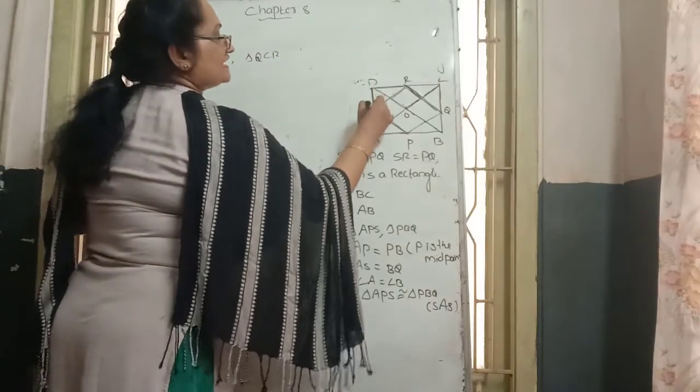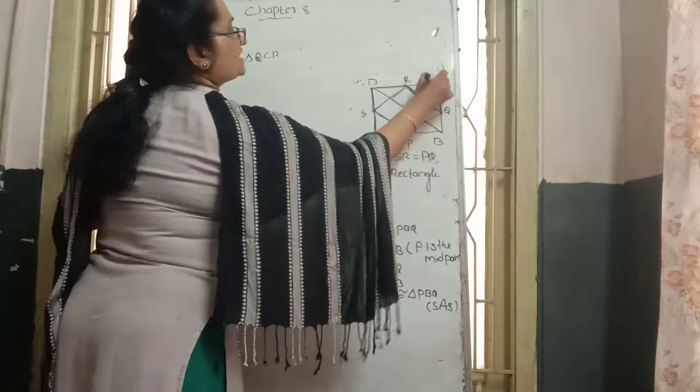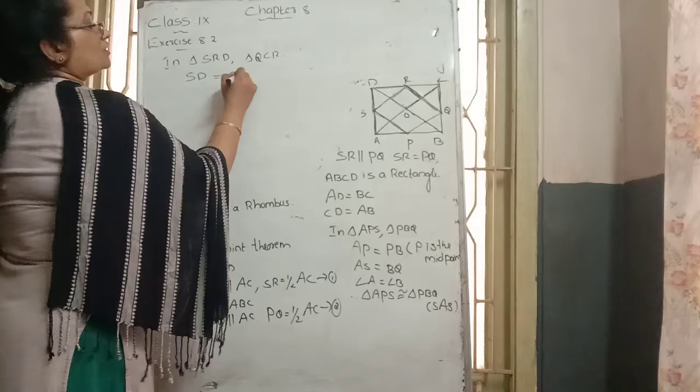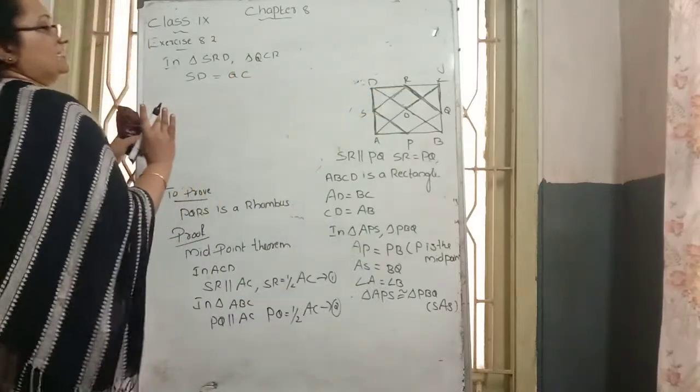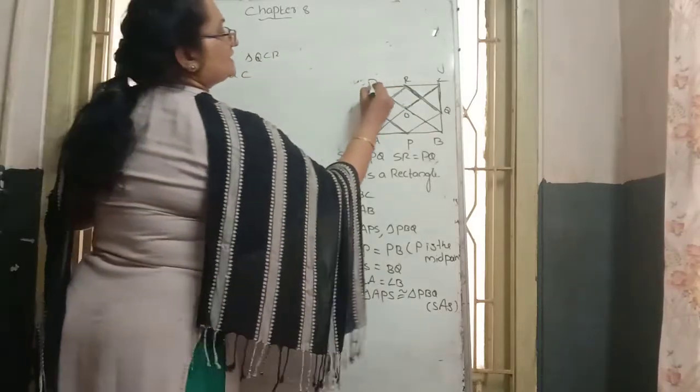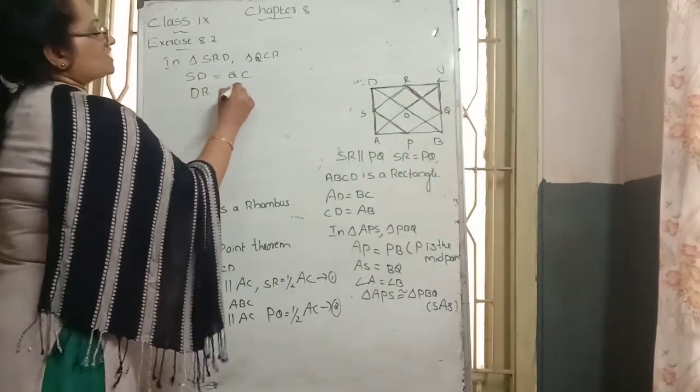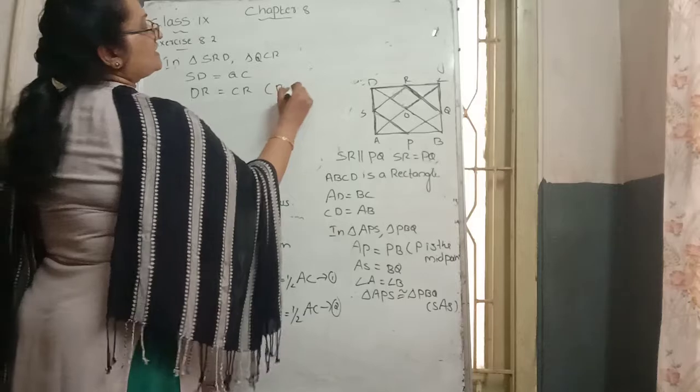There also SD and QC are equal. Why? Because S is the midpoint and Q is the midpoint of that side, so they are equal. Next, DR is equal to CR, because R is the midpoint.